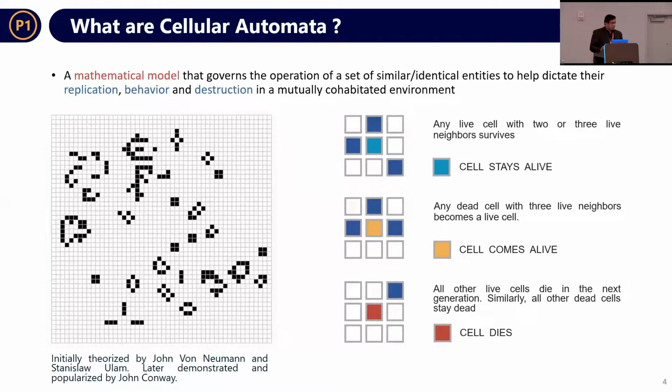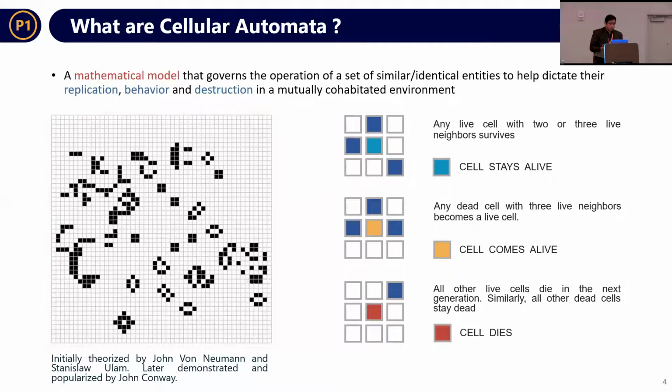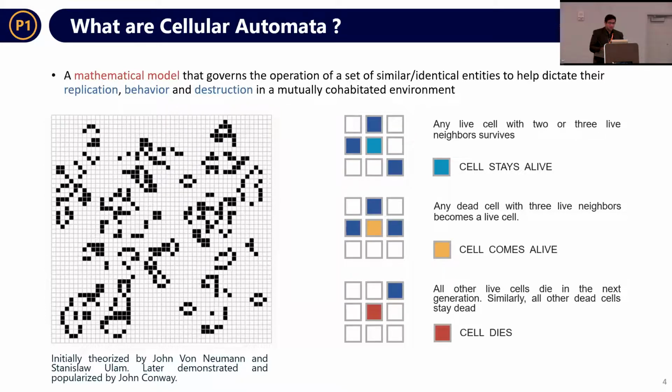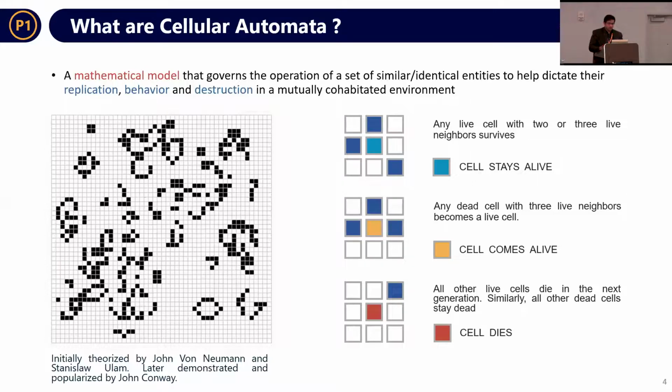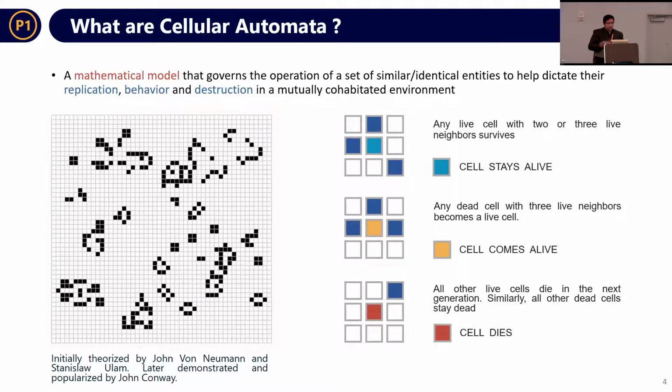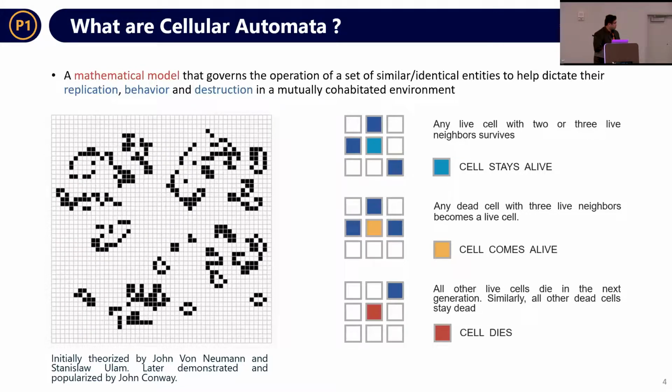That's the technical definition. Simply put, it is a grid matrix of cells that interact with their neighbors and then determine the future state of the cell, and periodically evolve to perform either operations or just exist.